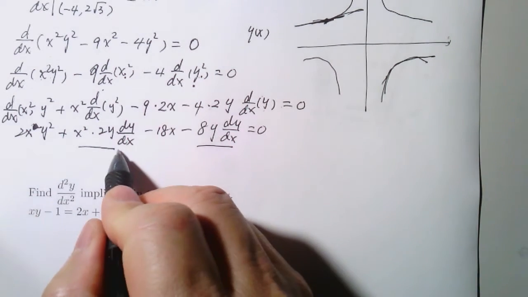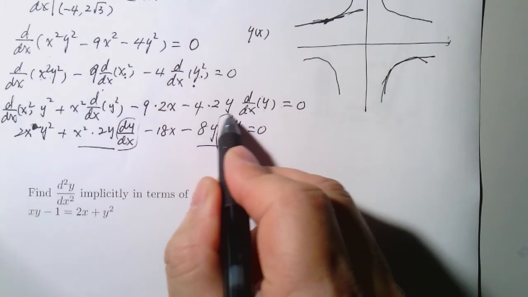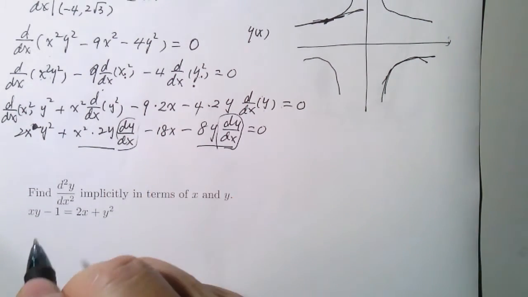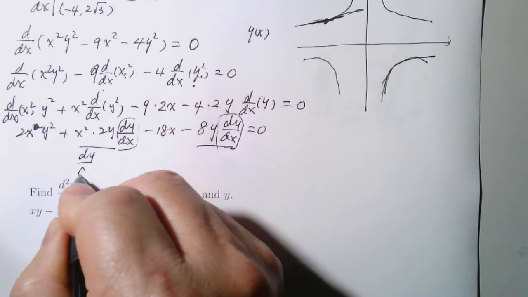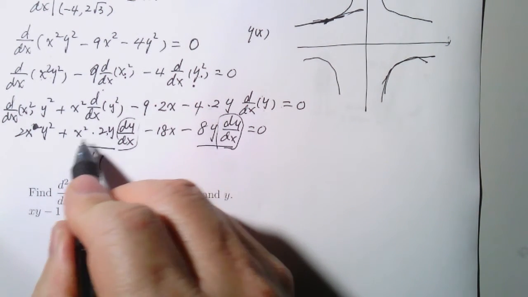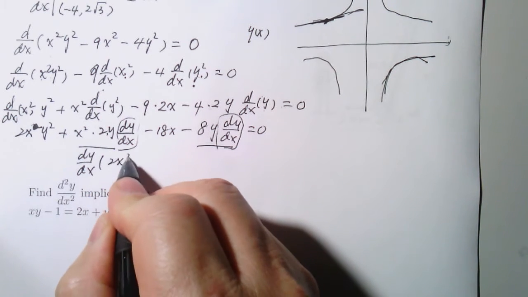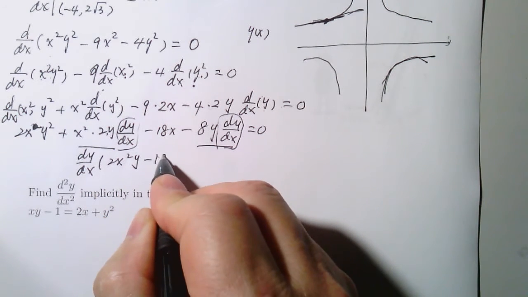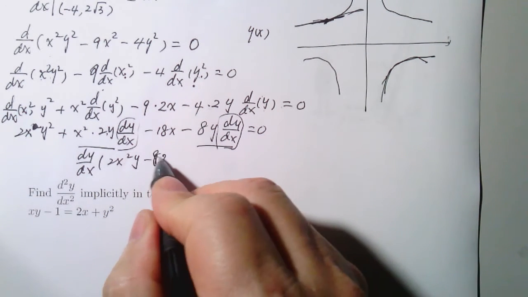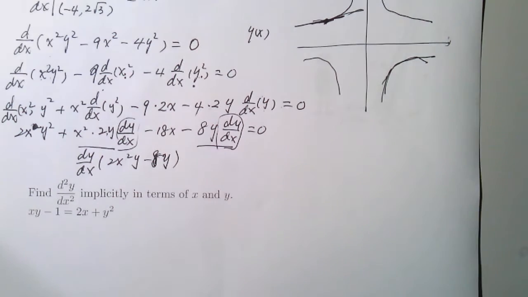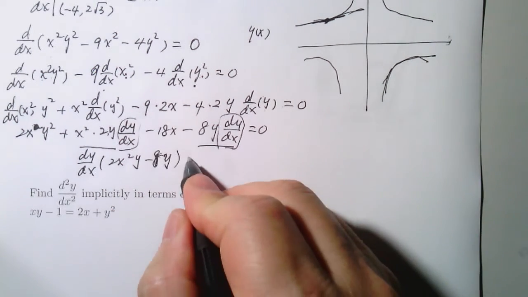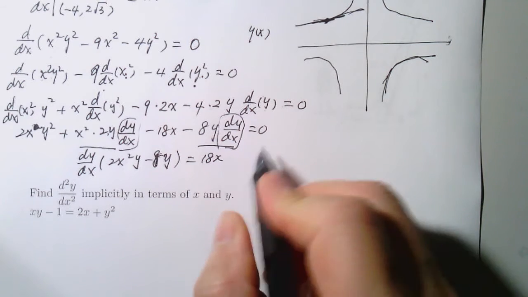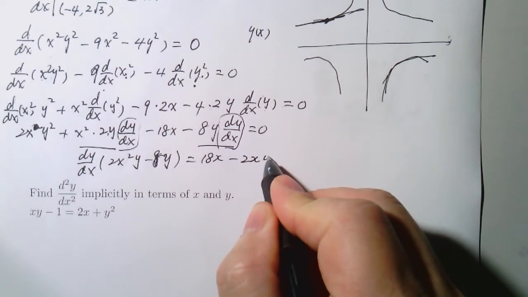Since dy/dx is a common factor, I factor out dy/dx times (2x squared y minus 8y), and these two terms move to the other side, I get 18x minus 2xy squared.